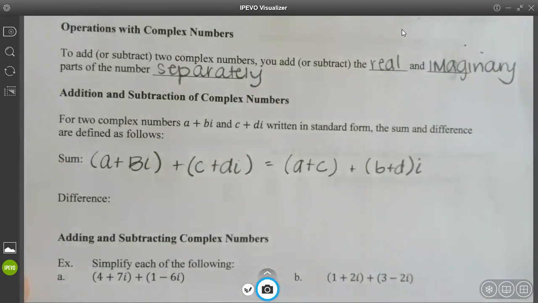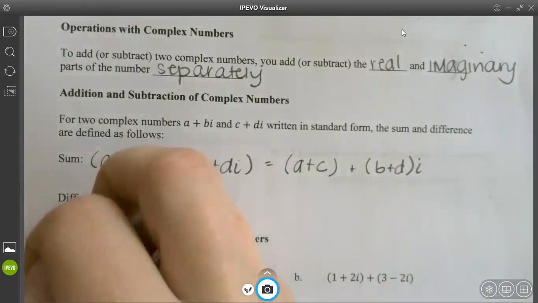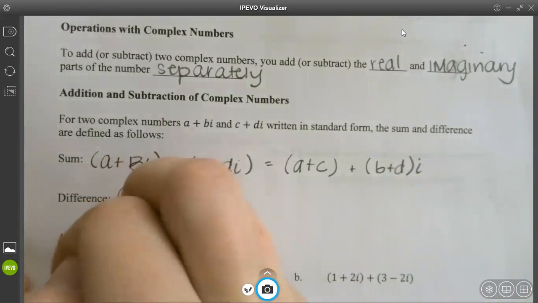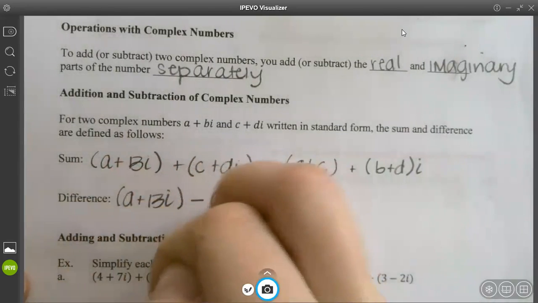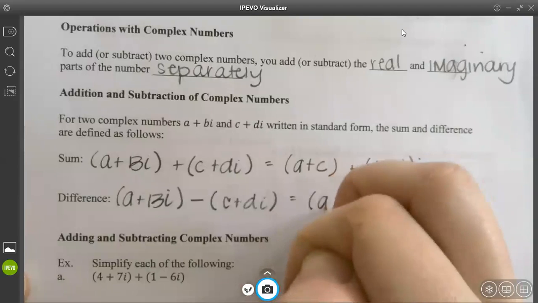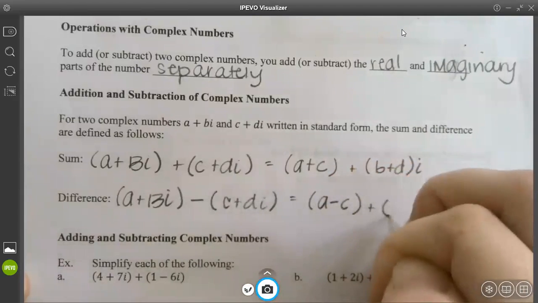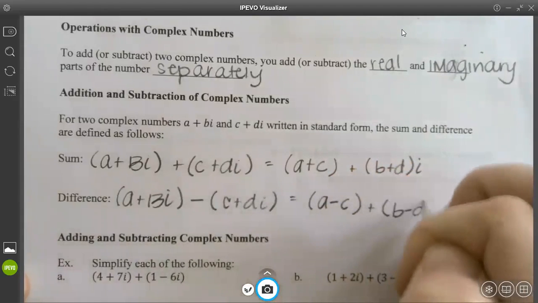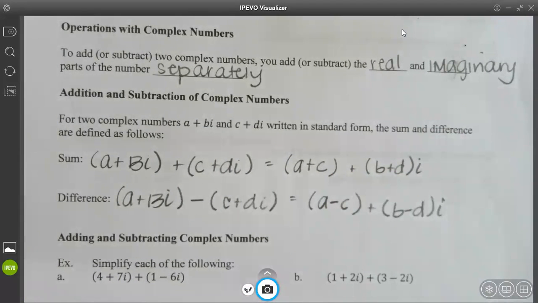The difference is going to look just the same. If I had a plus bi, and I'm going to subtract c plus di, then I'm going to subtract a and c and subtract b and d.